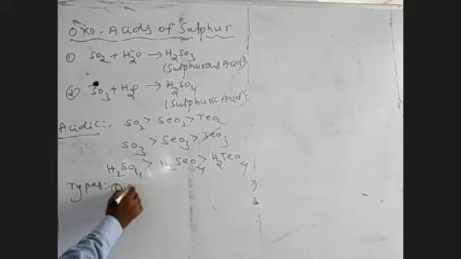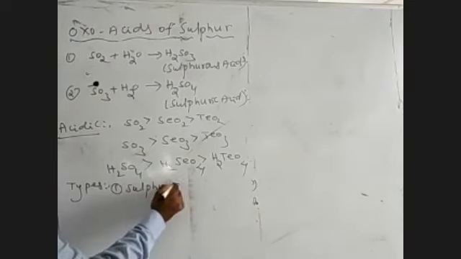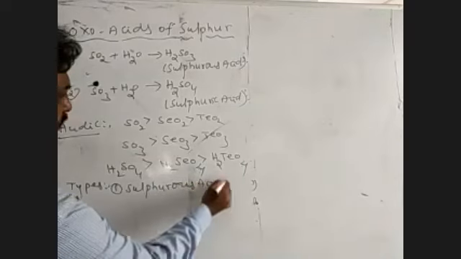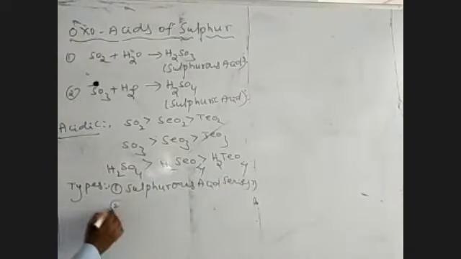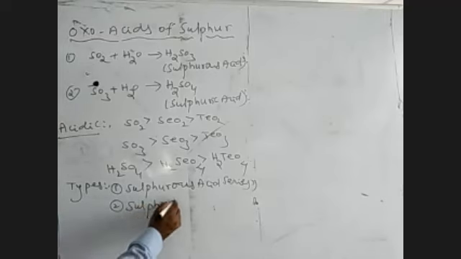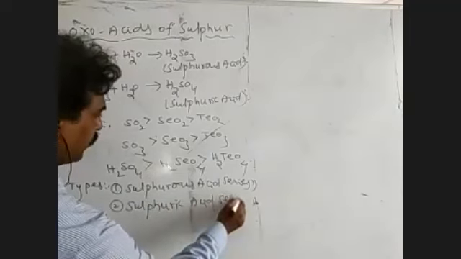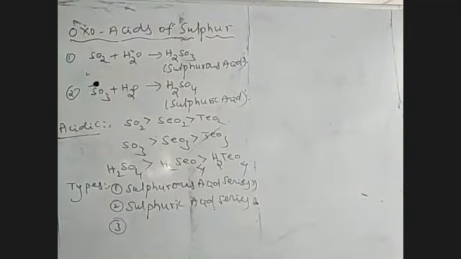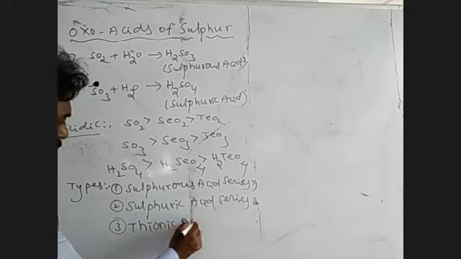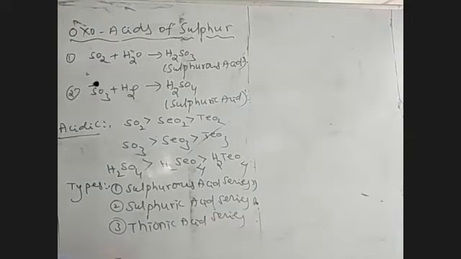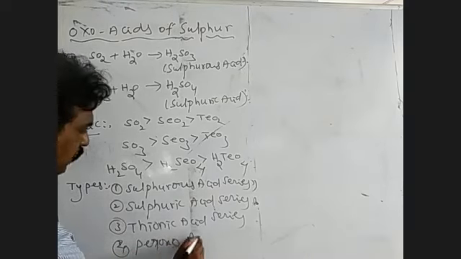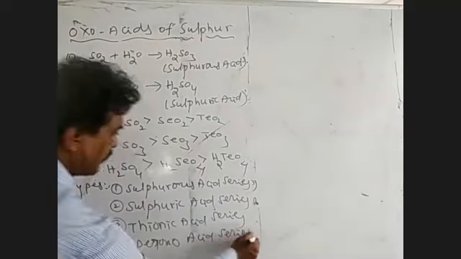One is called the sulfurous acid series, two is the sulfuric acid series, third is the thionic acid series, and fourth is the peroxo acid series.